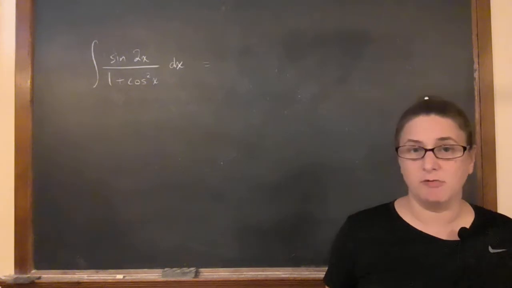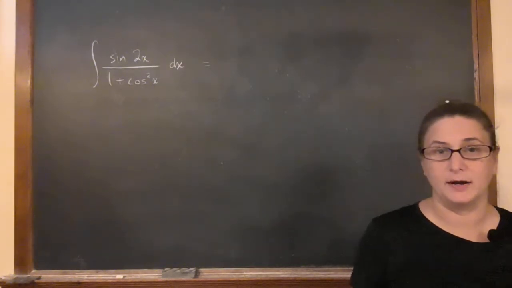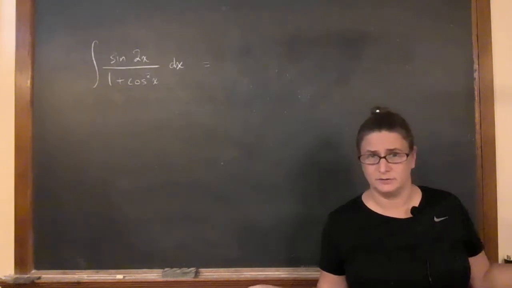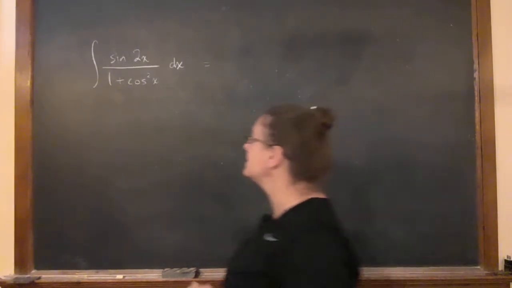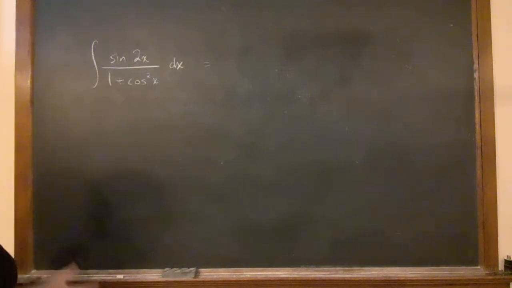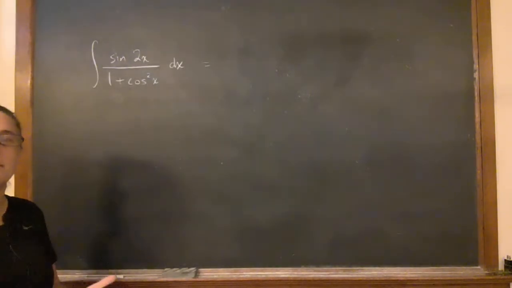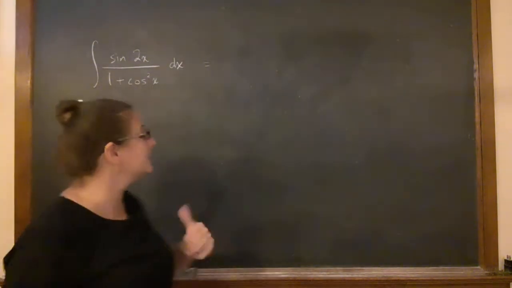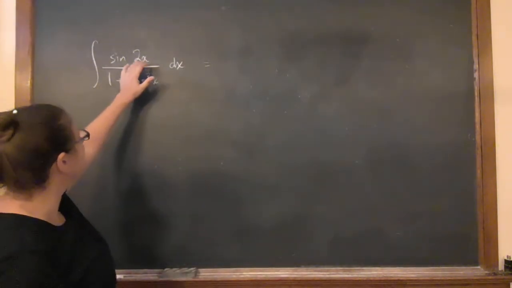So a very small change, I just threw a 2 in there, right? But in fact, we'll see the whole thing comes out completely different. The first thing is, I'm faced with this problem. I look at this and I'm like, you know what, this is bad. Well, it's not bad, but it's not good, right? It's not that easy. I have to do something else because I've got x and I've got 2x.